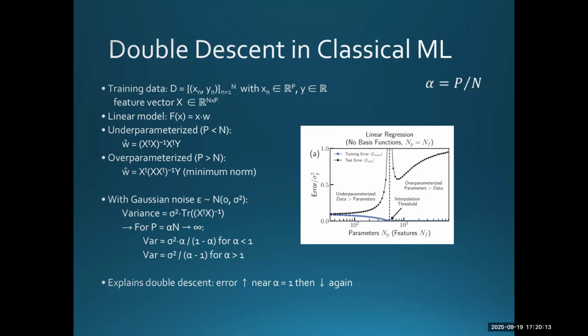Changing W is learning. So you can derive the solutions for the under-parameterized case and the over-parameterized case. There are analytic solutions.